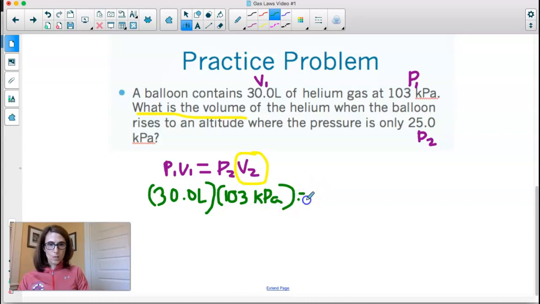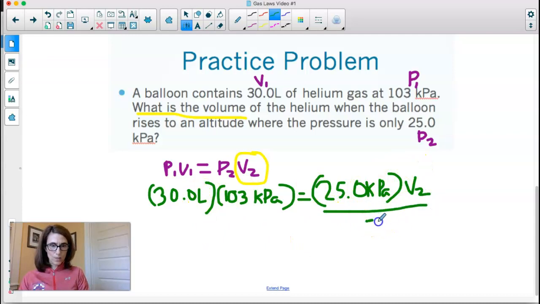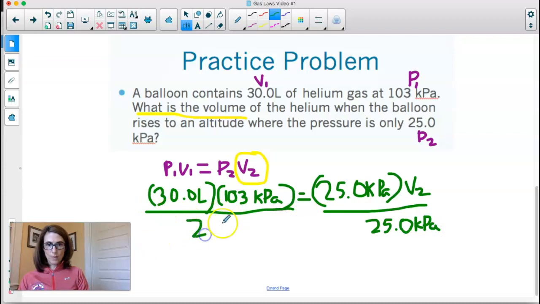Right, and it equals 25 kPa times V2. Okay, so to solve for V2, basically we're going to divide both sides by 25 kPa.